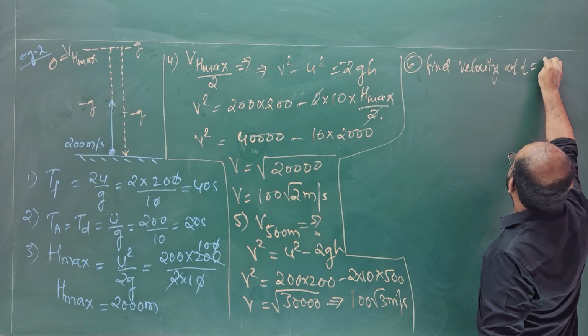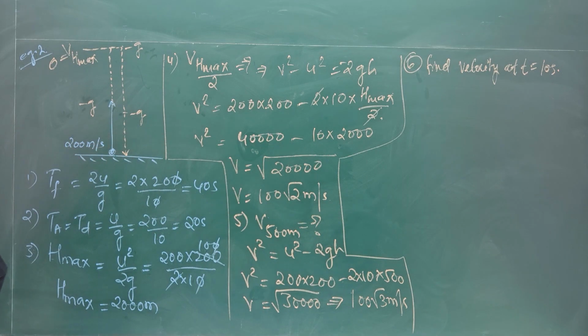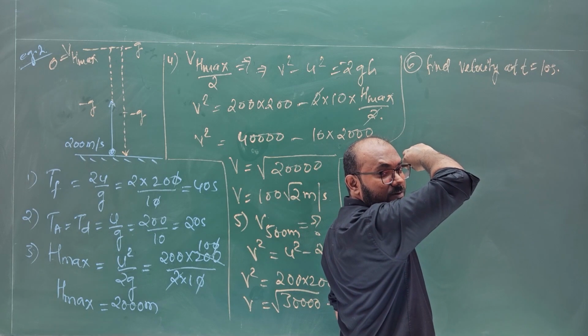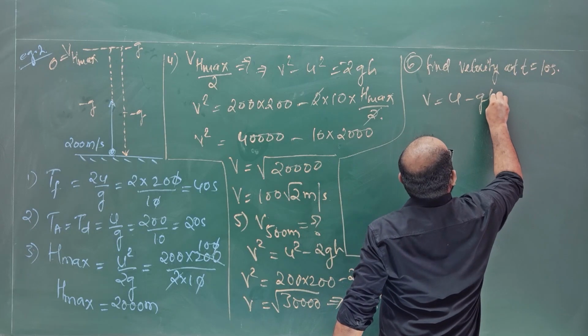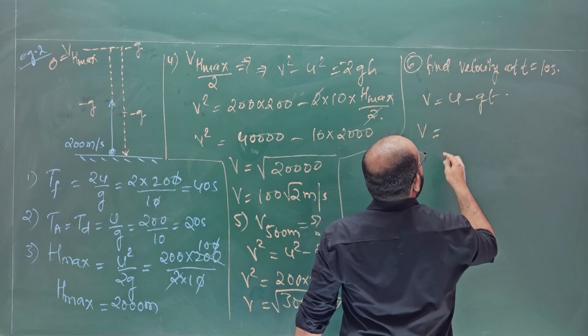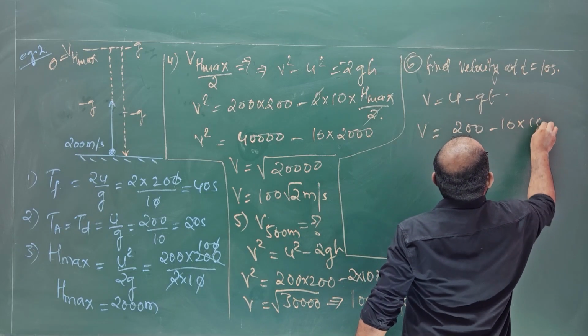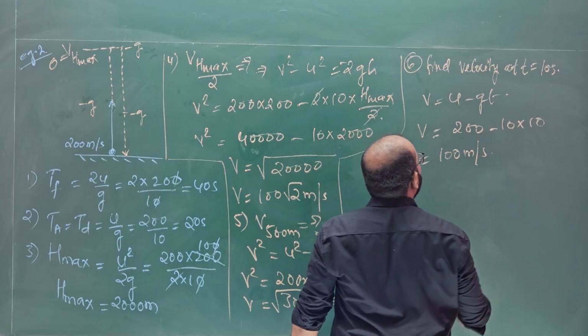Work it out. Okay, then what formula should we be using? V is equals to u minus gt. So v is equals to 200 minus 10 into 10, or v is equals to 100 meter per second.